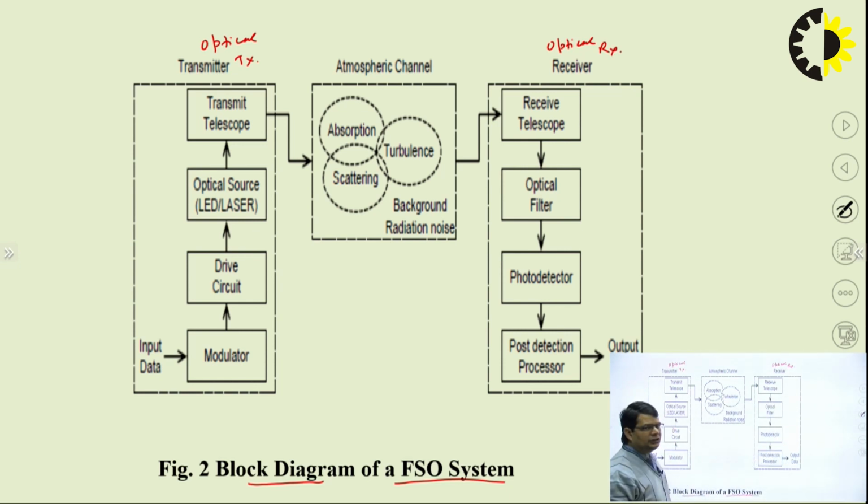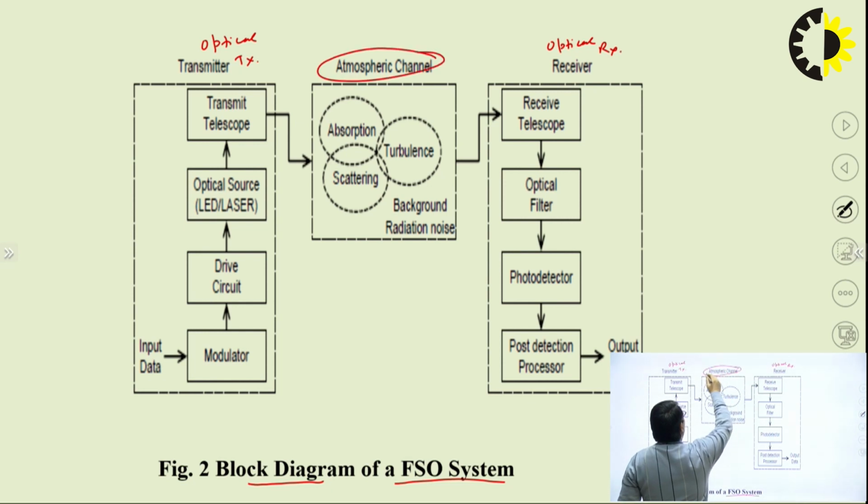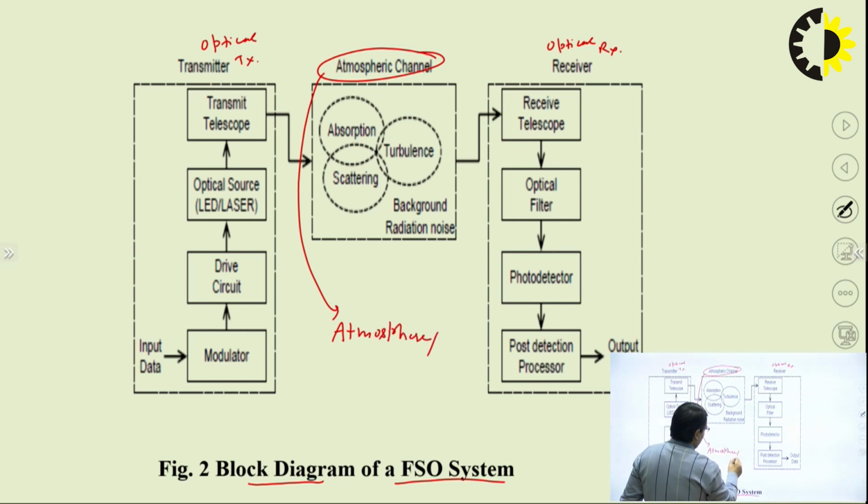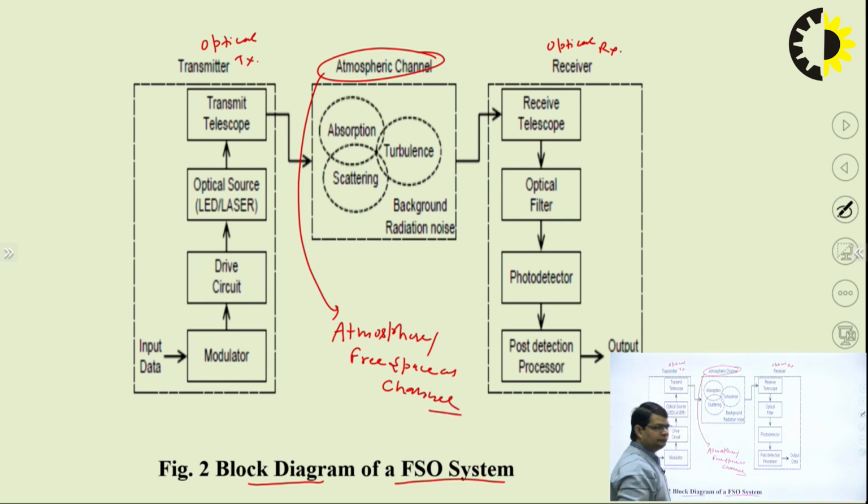So the main limitation for the free space optical communication system is that we are using atmosphere or free space as the channel, because the light intensity is greatly affected while propagating through the atmosphere or free space.